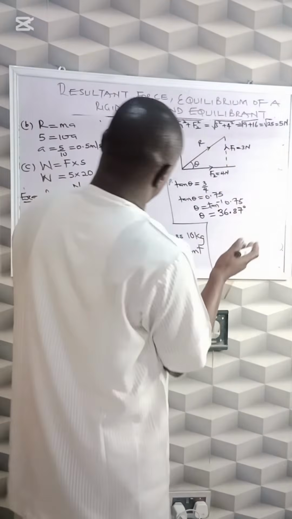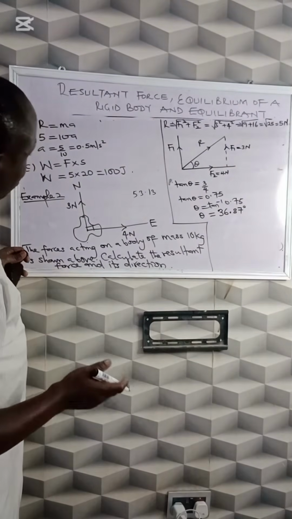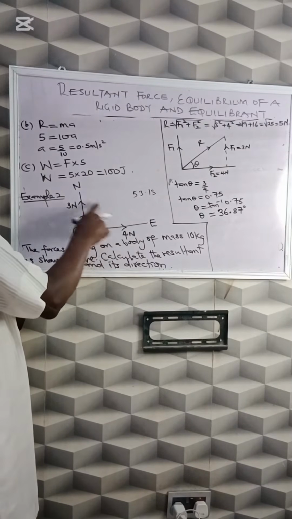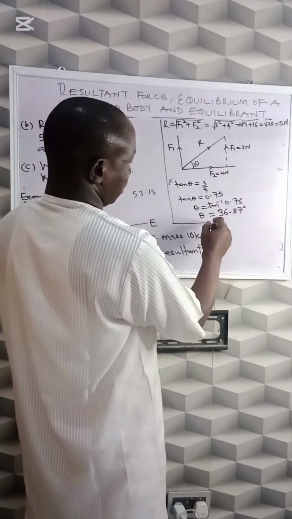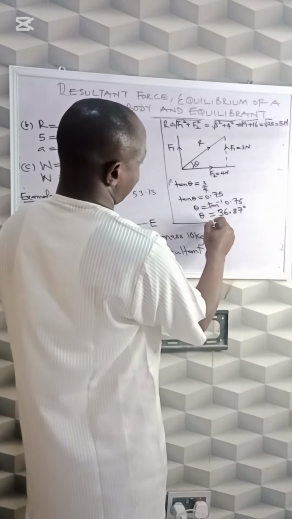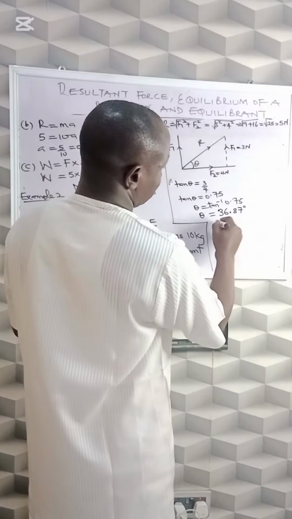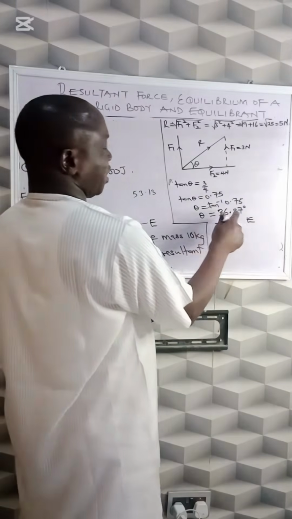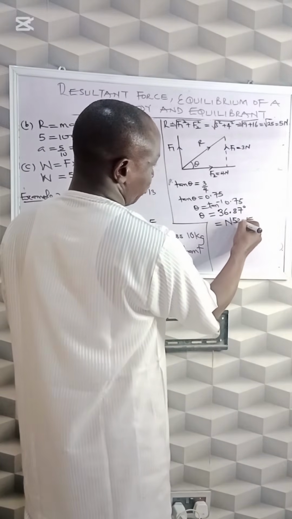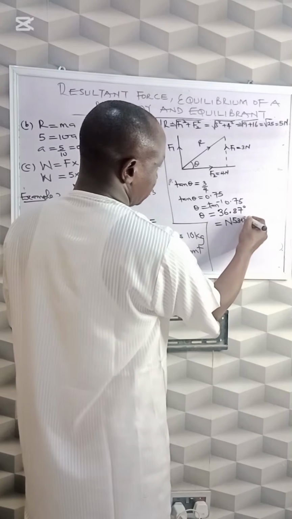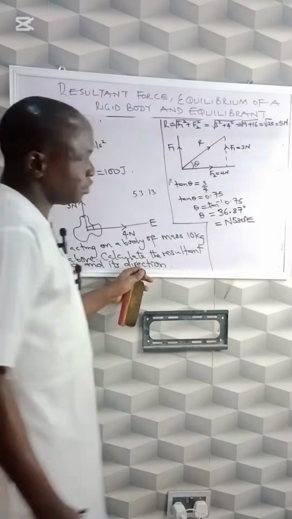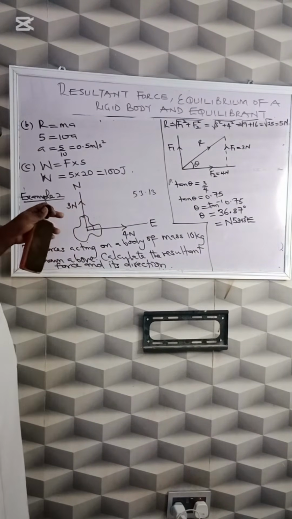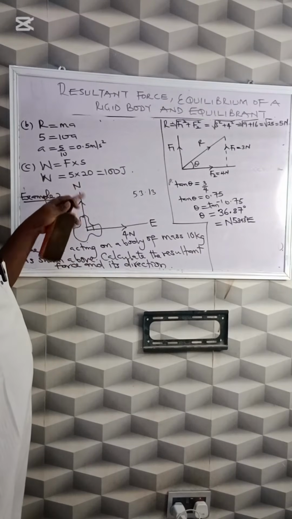But if you want to indicate it in the cardinal point method, so instead of an angle, we introduce northeast. This is equivalent to northeast. You have to take this away from 90 degrees to give you 53.13 degrees. You must have been taught in bearing. So you have to calculate this angle if you want to leave it in the cardinal point method of representing bearing.